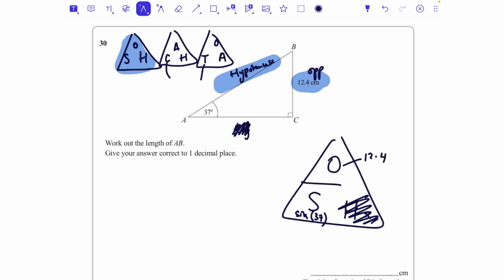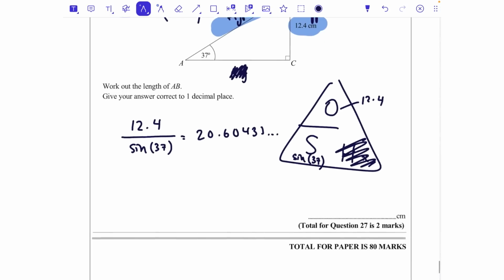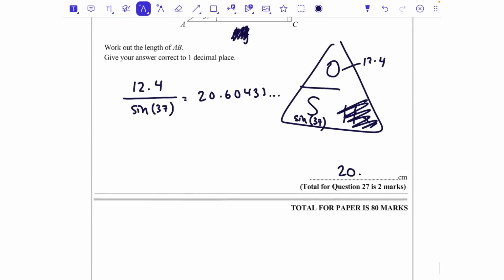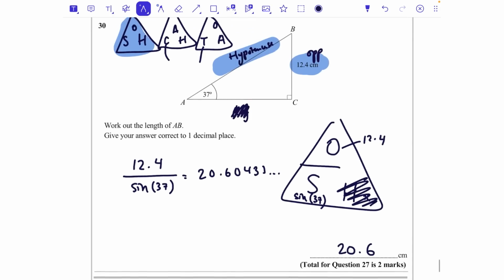So we're left with O divided by S, which is 12.4 divided by sine 37. I can then put that in my calculator. 12.4 divided by sine 37, and that gives me an answer of 20.60433. So 1 decimal place would be 20.6 centimetres for that side.